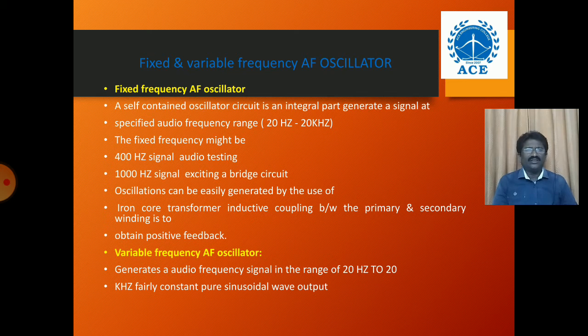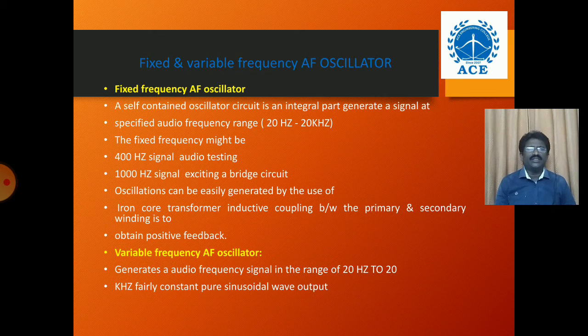Here generally you can observe two types of oscillators, AF oscillators: fixed and variable frequency audio frequency oscillators. The fixed frequency AF oscillator is a self-contained oscillator circuit, an integral part of generating a signal at a specified audio frequency in the range 20 Hz to 20 kHz.